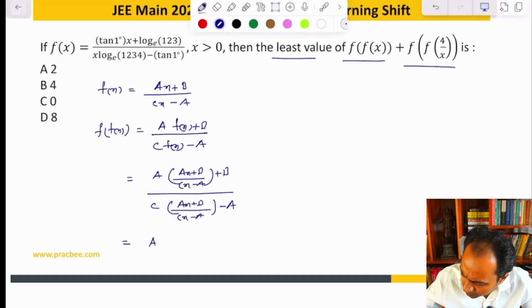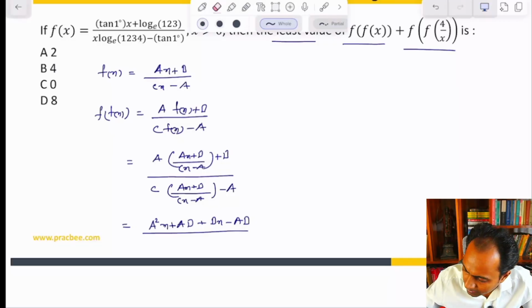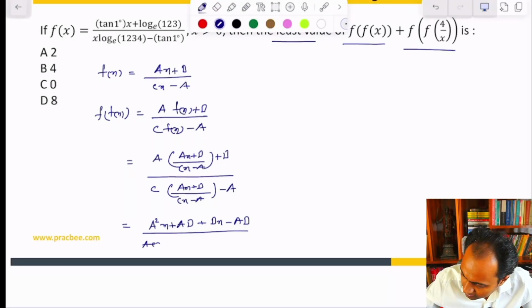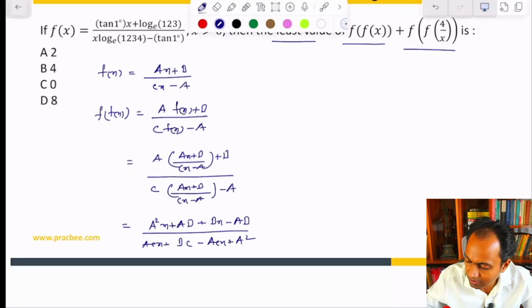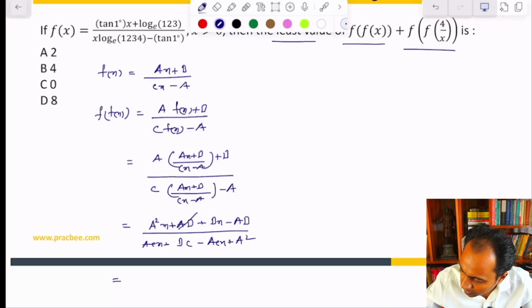In the numerator, it will become a square x plus ab plus bx minus ab divided by acx plus bc minus acx plus a square. Now, if I simplify, you can see that terms are getting cancelled out. ab will get cancelled out. acx will get cancelled out.